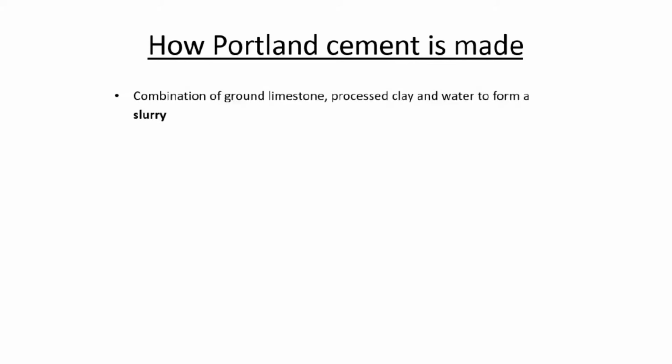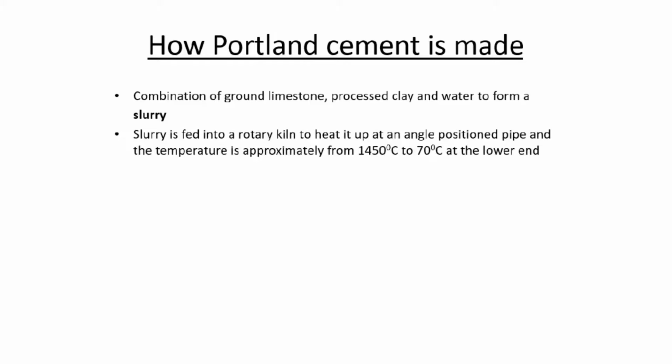So how is the Portland cement made from scratch? So we combine the ground limestone, which is obtained from the quarry, and the processed clay, and then we mix it with water to form a slurry, which is a workable material. And then that slurry is fed into a rotary kiln to heat it up in an angled pipe, and then the temperature is approximately from 1,450 degrees down to 70 degrees at the lower end.